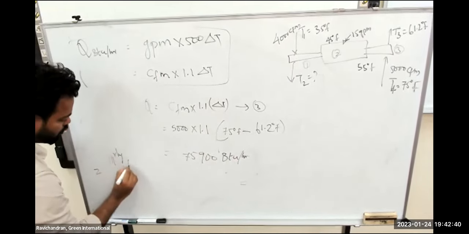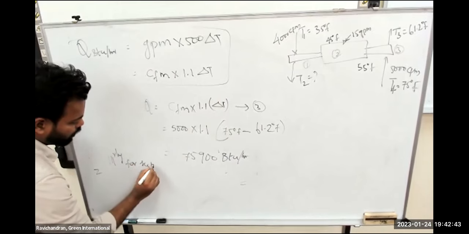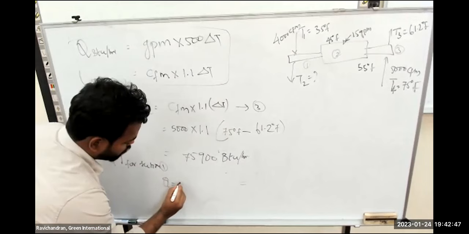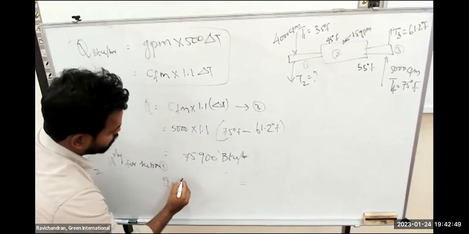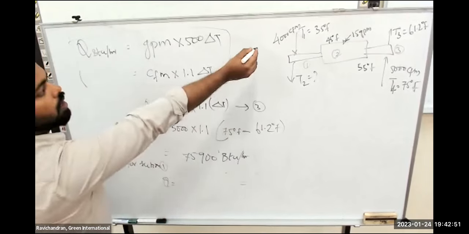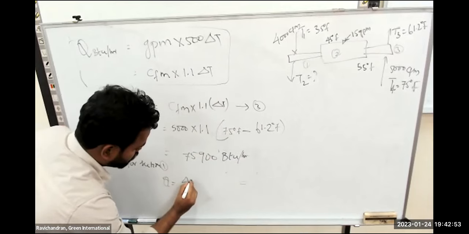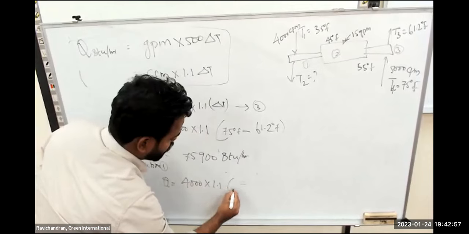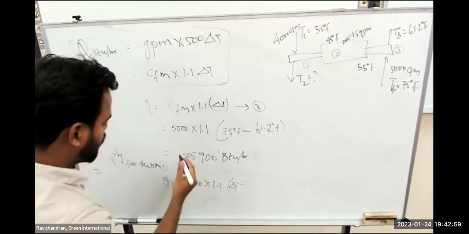So I got Q. Now I can substitute the value of Q here. Similarly, for section 1, Q is equal to 4000 times 1.1 times delta T. Let's consider delta T as it is.